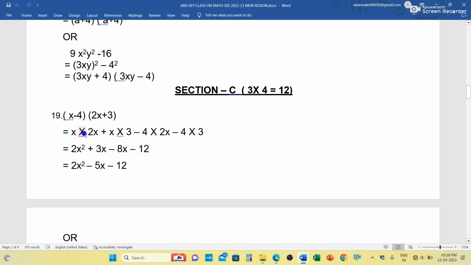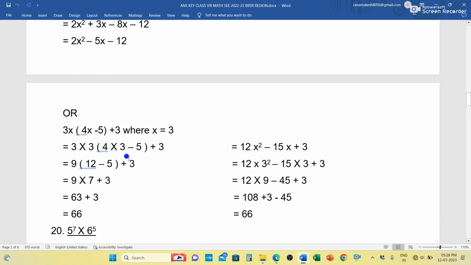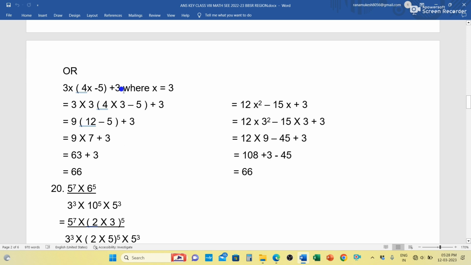Then x into 2x, 2x square, plus x into 3, 3x, minus 4 into 2, 8x, minus 4 into 3, 12. Now 2x square plus 3x minus 8x, minus 5x, minus 12.